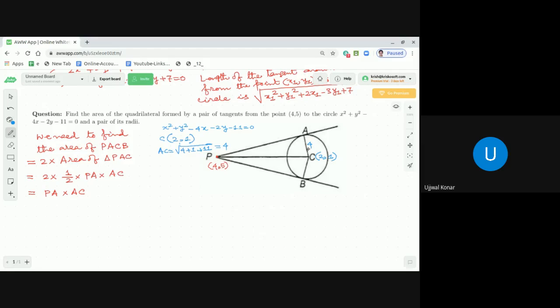And PA, it is very easy to find the value of PA, the length of the tangent, dear students. How can we find the value of PA? Just the square root of S1 technique. That means whatever the expression of the circle we get, x square plus y square minus 4x minus 2y minus 11, there we will apply x equal to 2 and y equal to 1. That means 2 square plus 1 square minus 4 into 2 minus 2 into 1 minus 11.